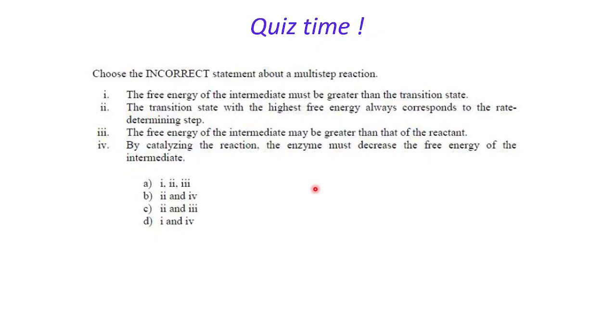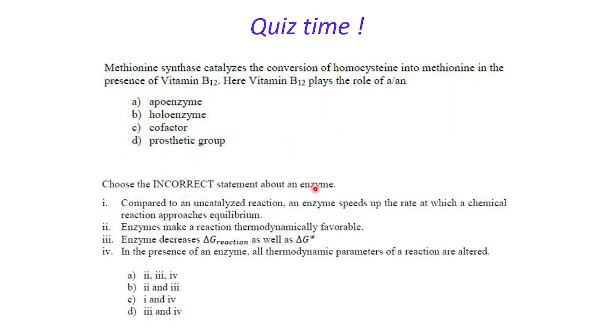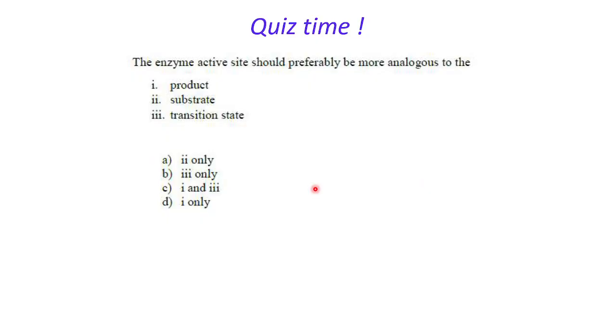They decrease the free energy of the overall reaction. That is why it is incorrect. It's not the intermediate specifically. So 1 and 4, that is option D. Right. So the enzyme active site should preferably be more analogous to product, substrate or the transition state.